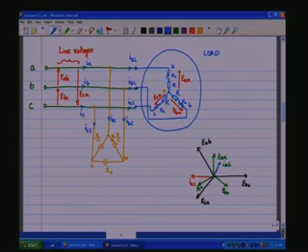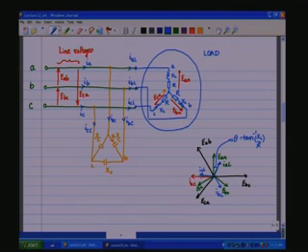You have IAL, ICL, and you have IBL as shown. So, this is lagging by an angle theta, which is given by tan inverse of XL by R. So, depending upon the load, the theta angle here is going to be different.